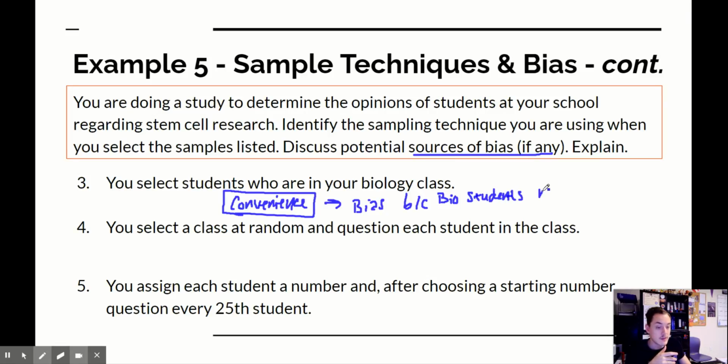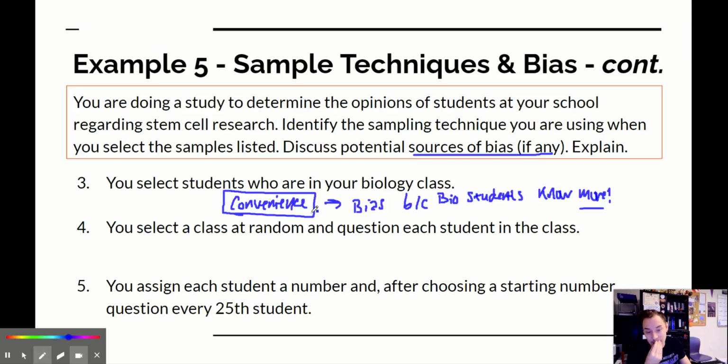Okay, that's what I would say. Bio students would tentatively know more about stem cells. So if you actually want to do research on stem cells and you use bio students, right? Bio students tentatively know more. That's why it's biased. But you're also asking them because it's convenient, right? So kind of a couple of errors there. Not always the best right there.